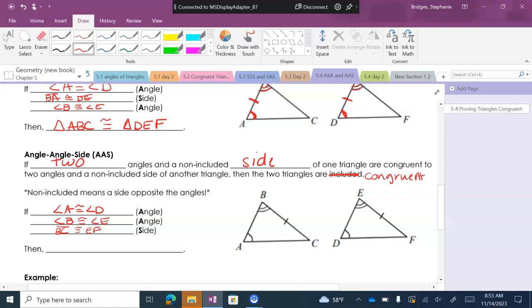Okay. So angle, angle, side. That's not the side that's in between the two angles this time. And because all of those are congruent, then we can say that triangle ABC is going to be congruent to triangle DEF by angle, angle, side.